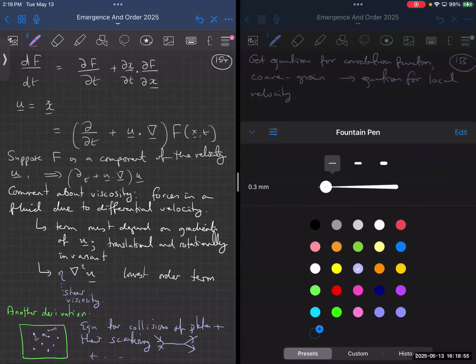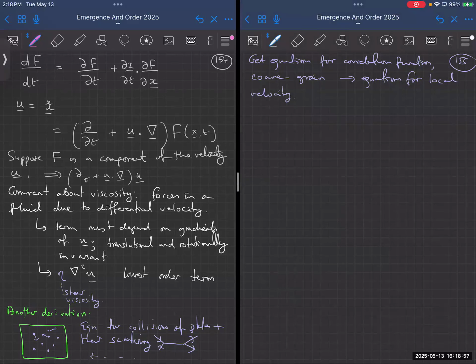So I can kind of claim that I do this, but actually I can't because this is a strong coupling problem. So in actual fact, we do these calculations perturbatively, in the strength of interactions between the particles.